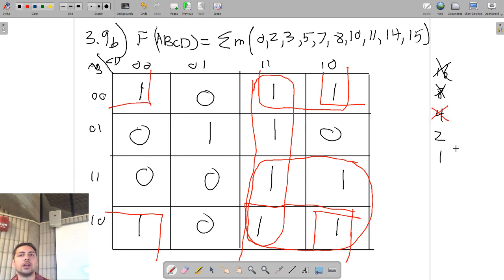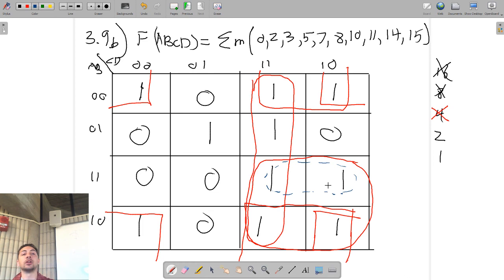Are all of the ones circled? No, so we got to keep looking for groups of 2. So groups of 2 that are not already covered by a larger implicant. Remember, prime implicant means it's the biggest group that you can circle. So this is not a prime implicant.